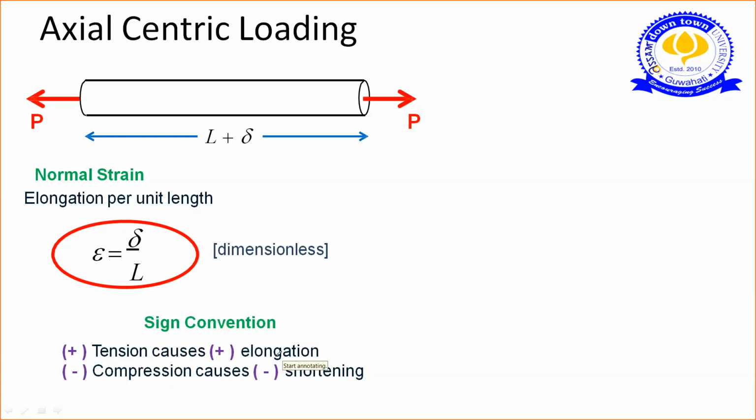And for this also we have a sign convention. When the elongation is in tension, then we'll use a positive sign. When there is a shortening, there will be two situations.